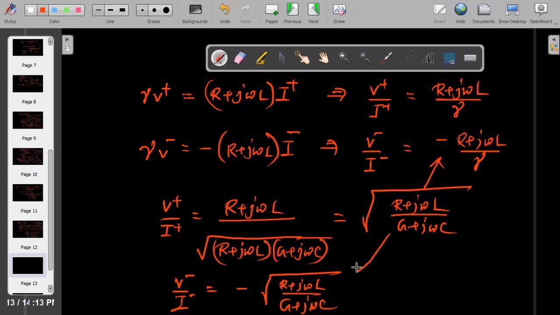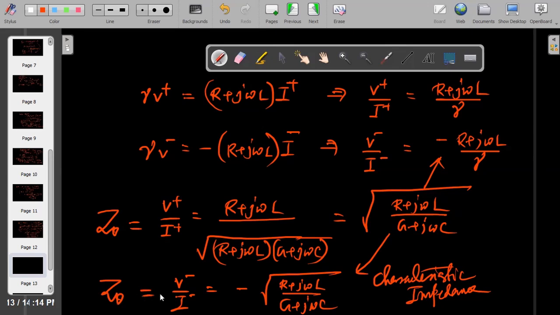These two terms are called, very important, characteristic impedance. These two terms are called characteristic impedance, and it is written as Z0. So characteristic impedance is nothing but the ratio of the traveling voltage in the positive x direction to that of the current in the positive x direction.